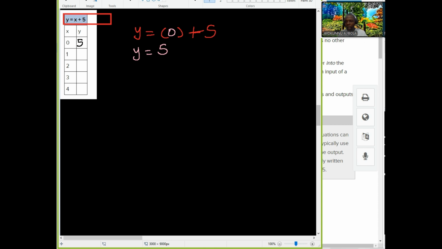Yes. Then the next one, y equal to x plus 5. What is the next value of x on the table? After we have used 0, what's the next one? It's 1.